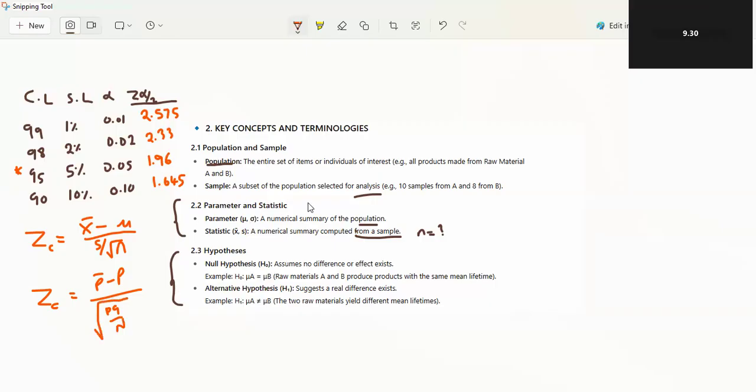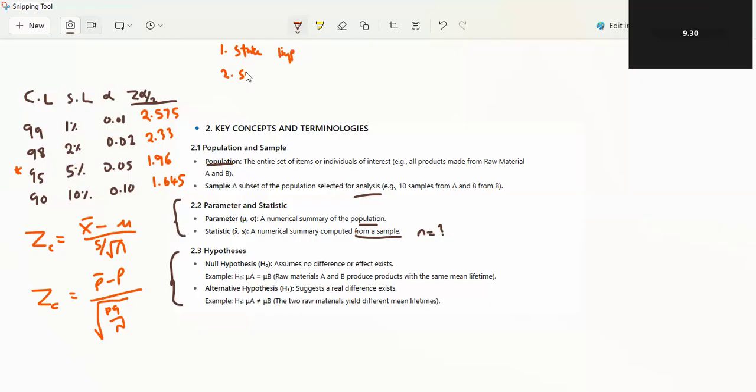So we now want to calculate the Z. The Z is simply a difference between two values. Step one, you need to set the hypothesis. Step two, state the level of significance.